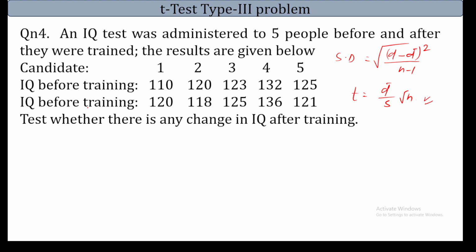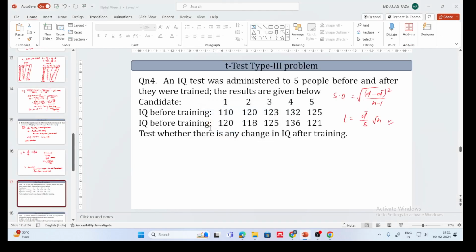In the question, both are written as IQ before training. One should be IQ after training. Oh yeah, sorry, that will be after training only.